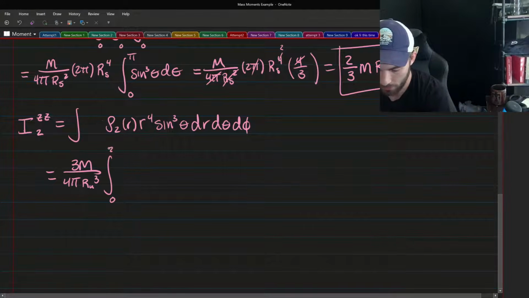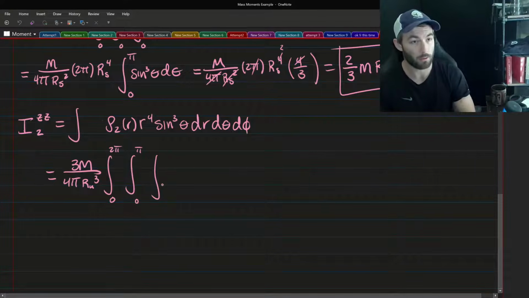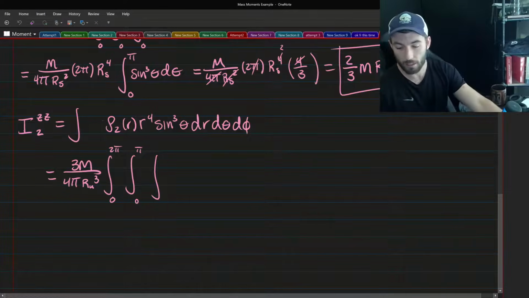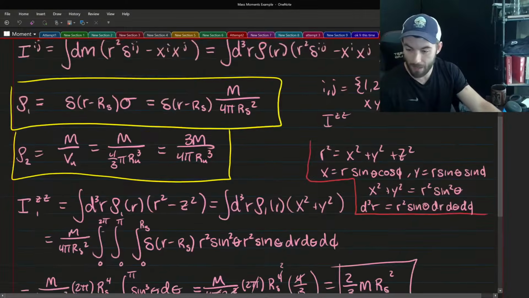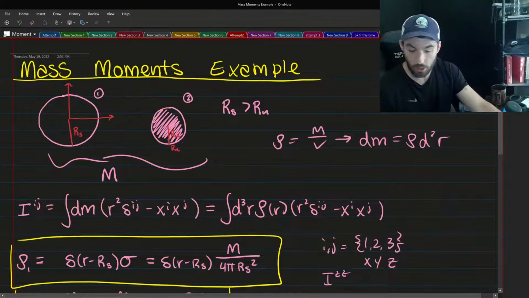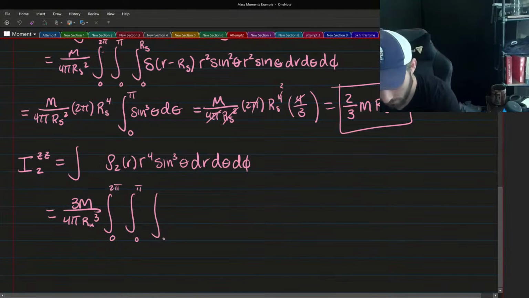Phi goes from 0 to 2 pi. Theta goes from 0 to pi. What should the limits of integration be for the r integral? As we said at the beginning, the integral stops where the mass stops. Where does the mass stop? Well, you start at the origin, and you integrate out all the way to R_u. So that's what our limit of integration is going to be, R_u.